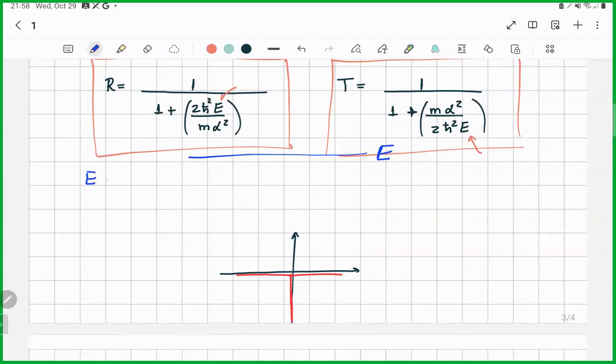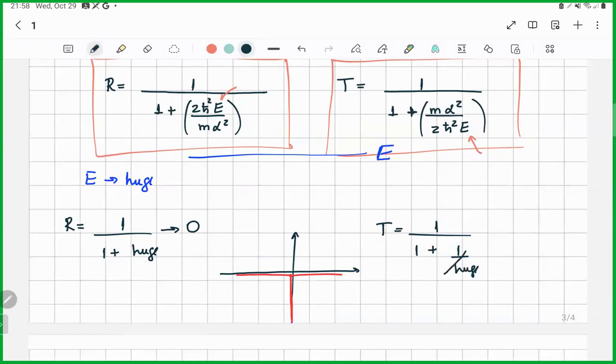If this energy is huge, if I come to the reflection coefficient, I'll be playing with something here that is huge. So this means that my reflection coefficient will become very close to zero. And how about the transmission coefficient? Well, we have 1 plus something that is huge here. So this is going to zero, so the transmission coefficient is close to 1. This is mathematically, but it makes sense.